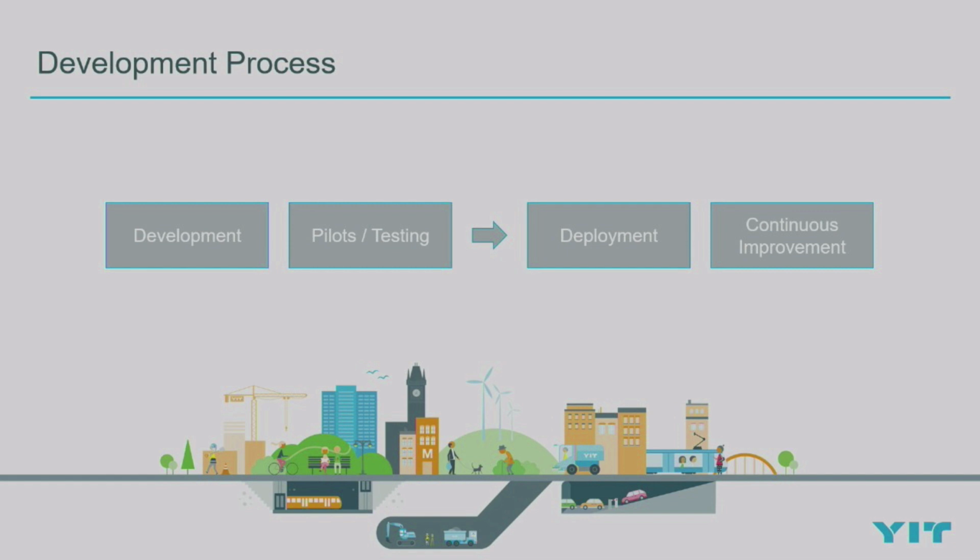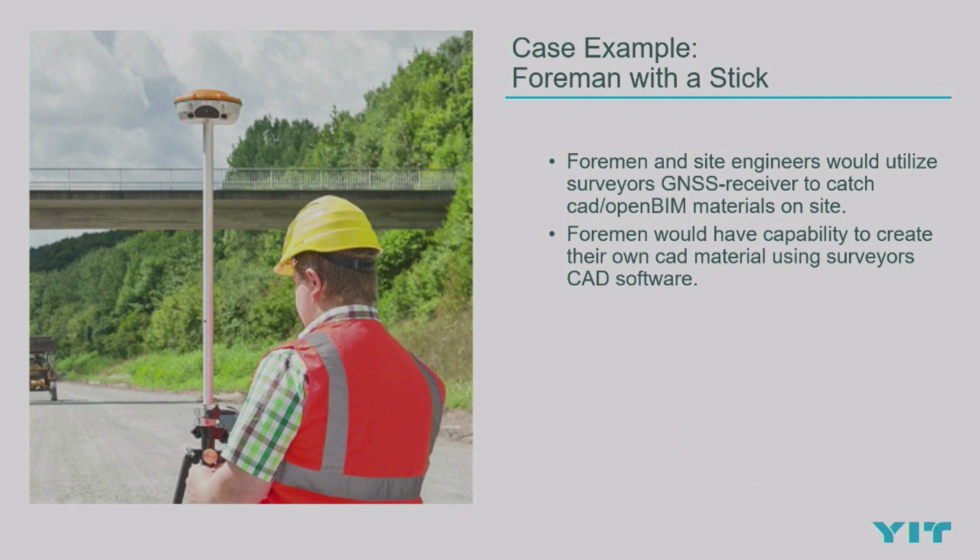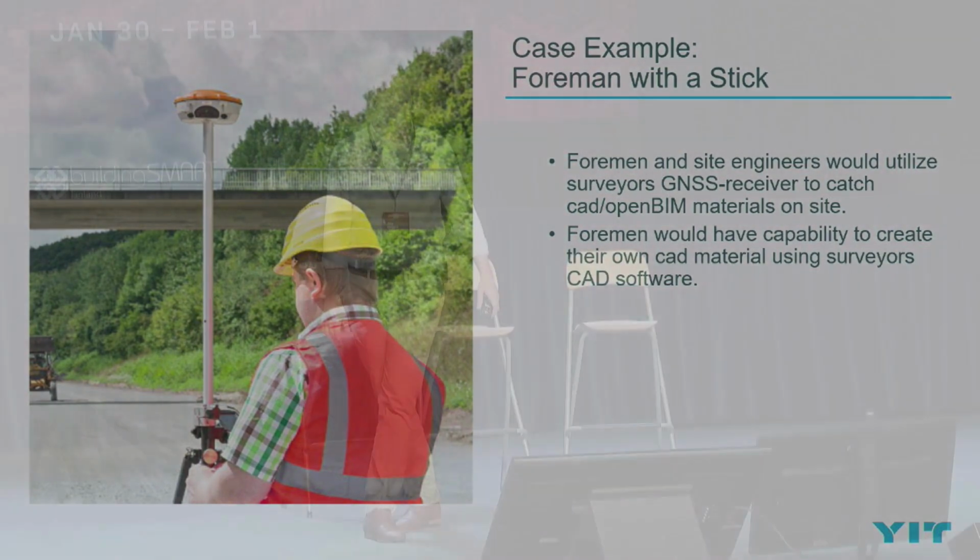My case development project was foreman with a stick. Just a quick gallop: how many of you are familiar with the foreman with a stick, or foreman with the GNSS receiver? Good to see. That's more than half. So for the rest of you, foreman with the stick is the simplest concept.